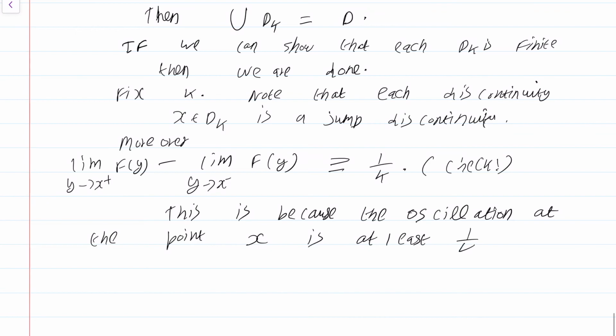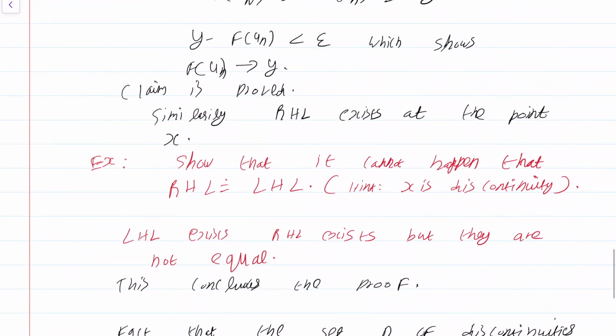Because the function is having an oscillation at least 1 by k at the point x, it has to be the case that the right hand limit minus the left hand limit must also be at least 1 by k. One of the crucial things to understand why this must be the case is to observe where the graph is.